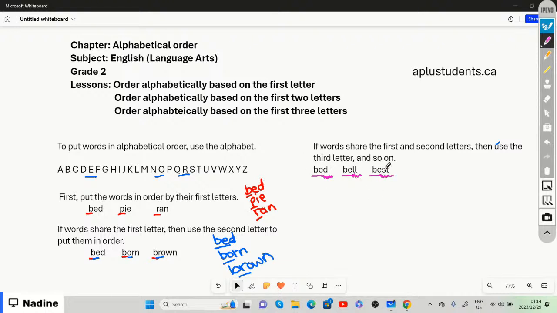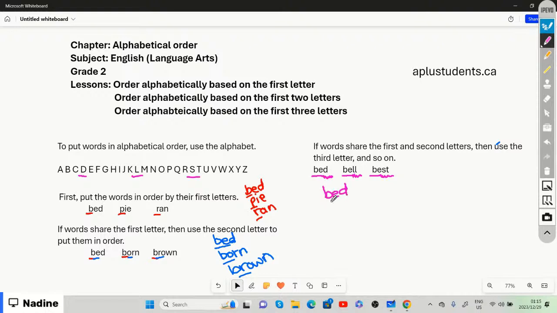In this case, the third letter of bed is a D. The third letter of bell is an L. And the third letter of best is an S. Which means that D comes before L and L comes before S, so these three words are already in alphabetical order.